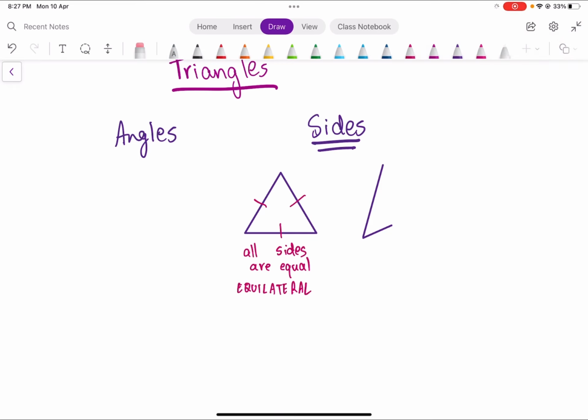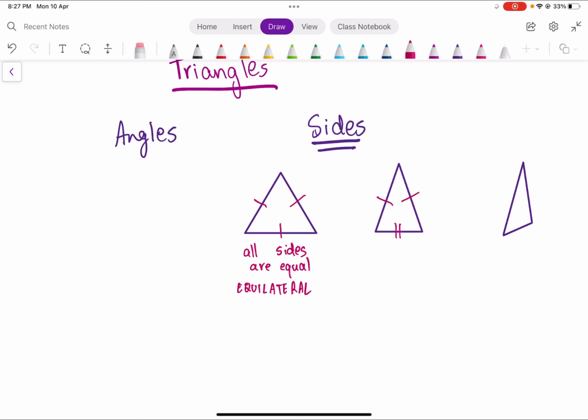For the second triangle, I am going to have to draw one by myself using my amazing drawing skills. Actually, let's do isosceles first. I know that sounds like a complicated word, but trust me, it's pretty easy. Over here in this triangle, only two sides are equal. This one and this one.